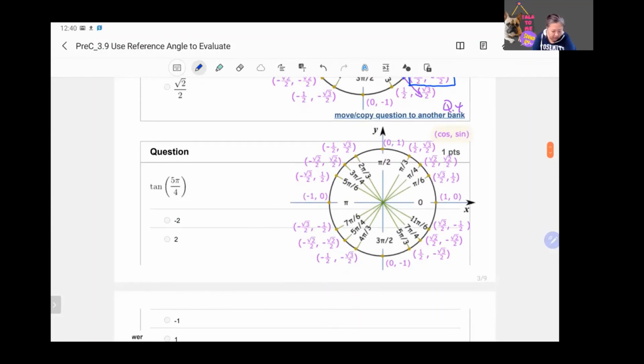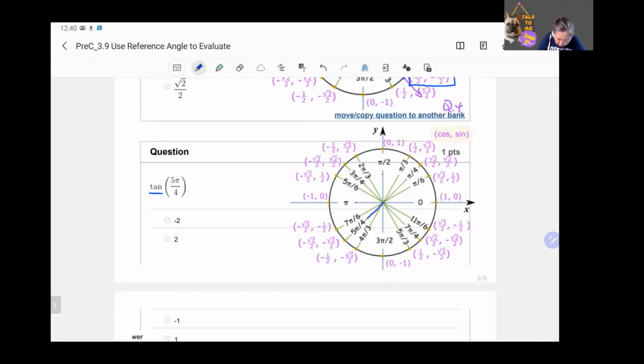Okay. Then now we are finding the tangent ratio with 5 pi over 4. So now this is a positive angle. So from the position 0, I have to go over 5 pieces of pi over 4. So here 1, 2, 3, 4, 5.